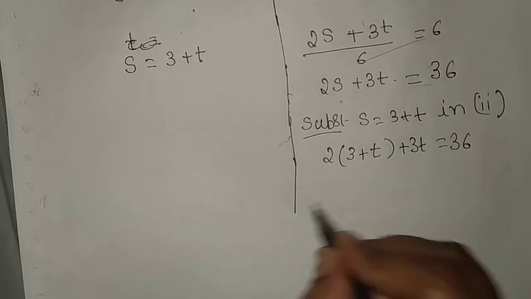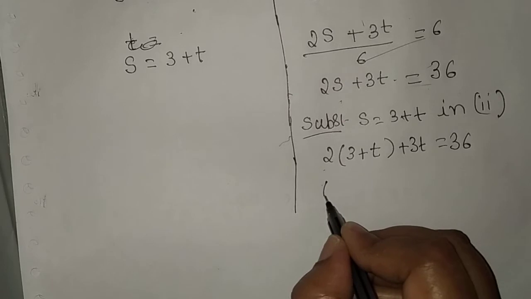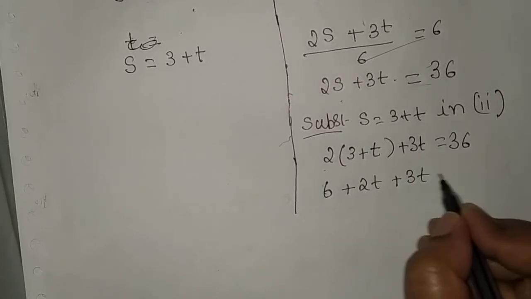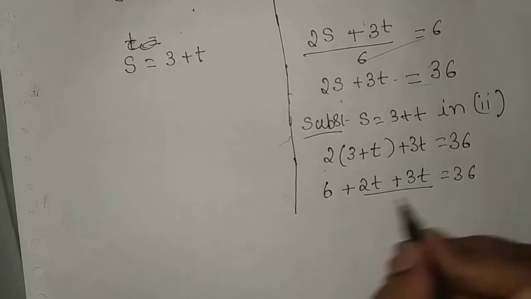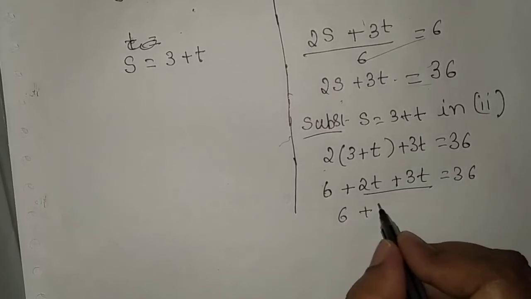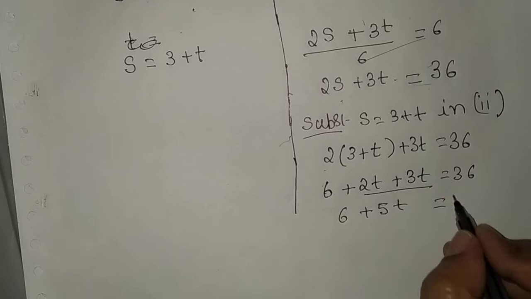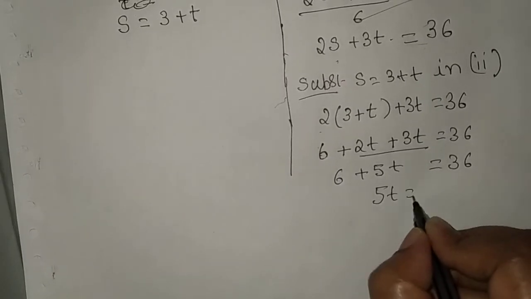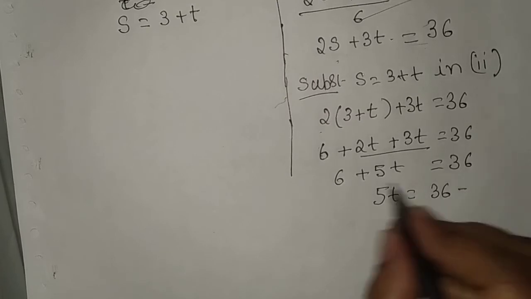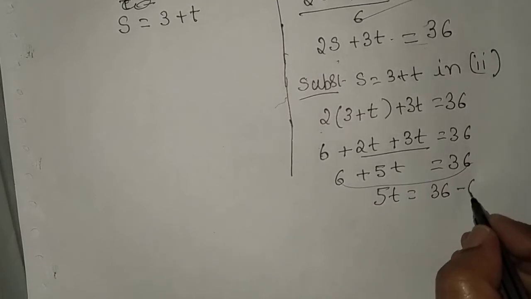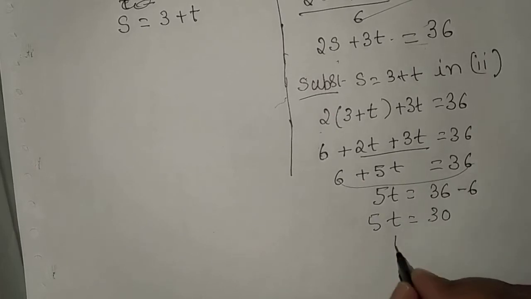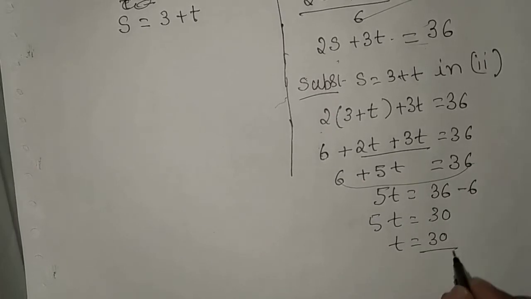Simplify again: 6 plus 2t plus 3t is equal to 36. Adding these two, we get 6 plus 5t is equal to 36. Now bring the 6 to the other side, so 5t is equal to 36 minus 6, which is 30.